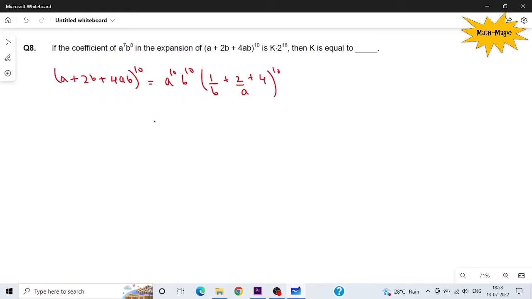So we can write this as a raised to 10, b raised to 10, and then here we can apply the formula of (a + b) raised to 10.